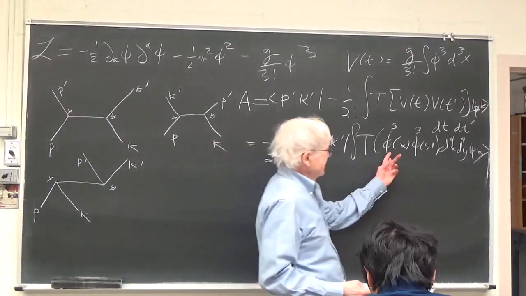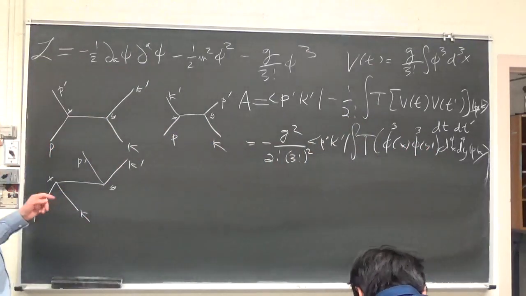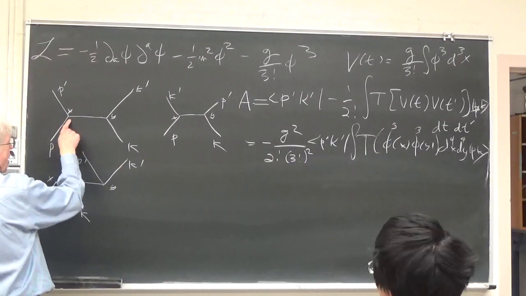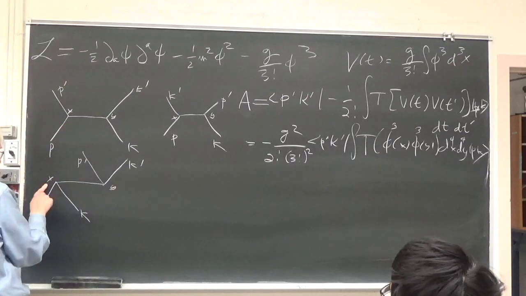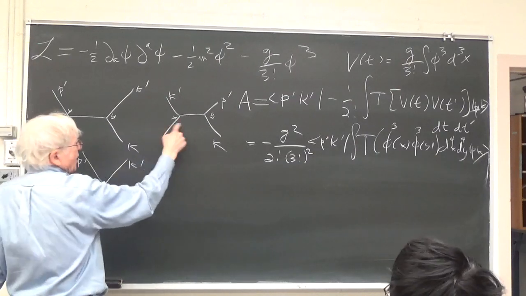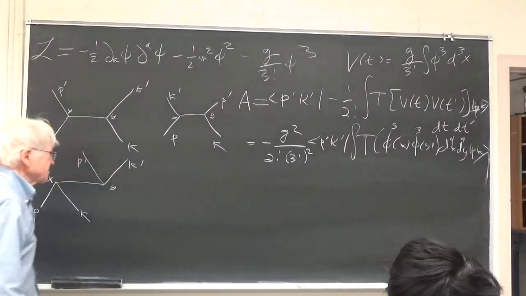And we have 3 fields available at each vertex, but of course we could equally well have had y occur, this be y, and that be x, this be y, and that be x, and that's where the 2 factorial goes away.